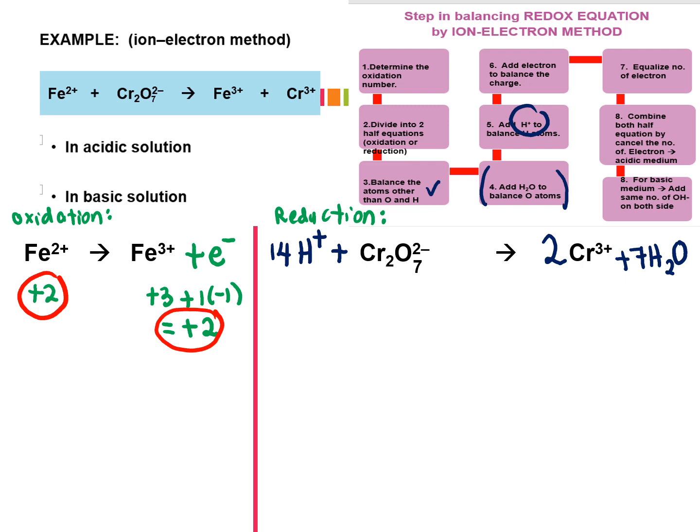So, using the same method, calculate the charge on the second equation. 14 H+, 14 multiplied by positive 1 because the H+ ion carries positive 1 charge, plus Cr2O7 2-, how many moles? 1 mole multiplied by negative 2 charge, since 1 mole of Cr2O7 carries negative 2 charge.